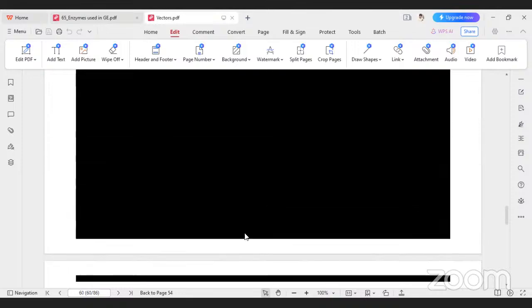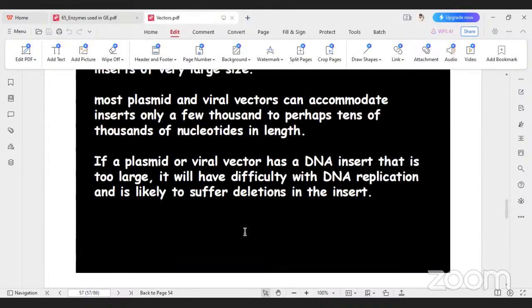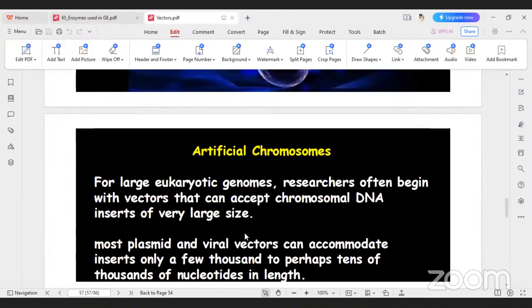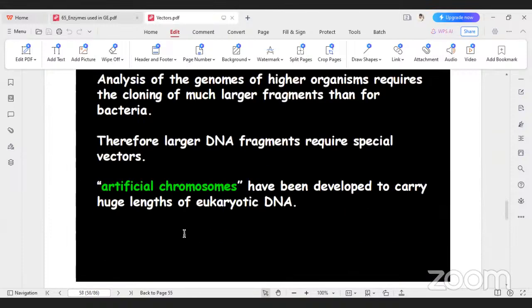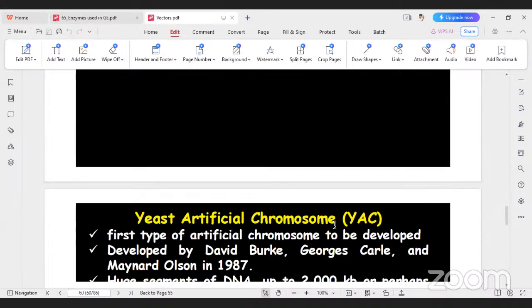Yeast artificial chromosome. Actually, the introduction of artificial chromosomes is not important here. For large eukaryotic genomes, researchers often begin with vectors that can accept chromosomal DNA inserts of very large size. So that is artificial, but here only one, the yeast artificial chromosome.